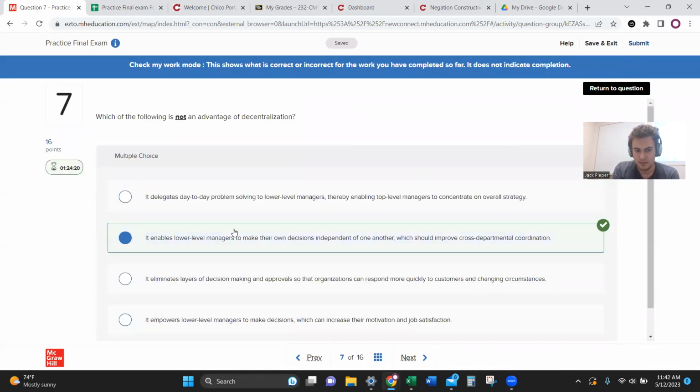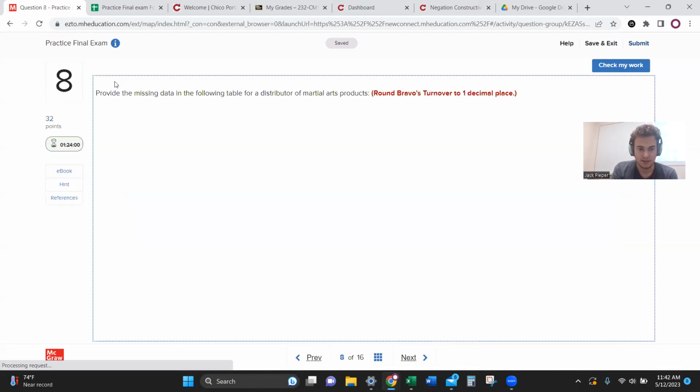It's going to be this one. So they can make decisions independent of each other because of decentralization, but that's not necessarily an advantage of it. Everyone else would be an advantage. So yeah, that one's a little tricky, but it's just how it is.